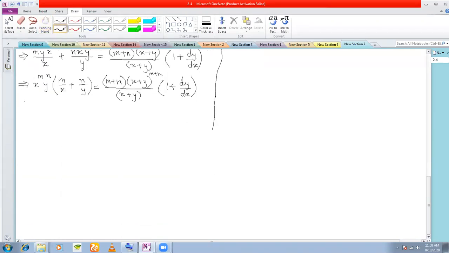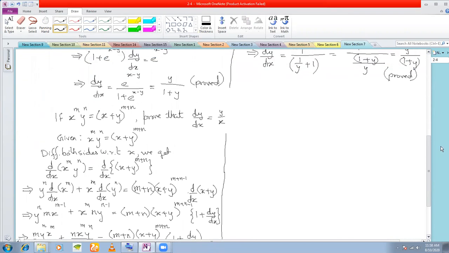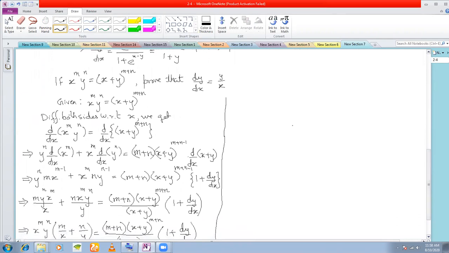In the next step, now see, what do we have to prove? We have to prove dy dx is equal to y by x only. Okay. Now we know that x to the power of m y to the power of n is x plus y to the power of m plus n.